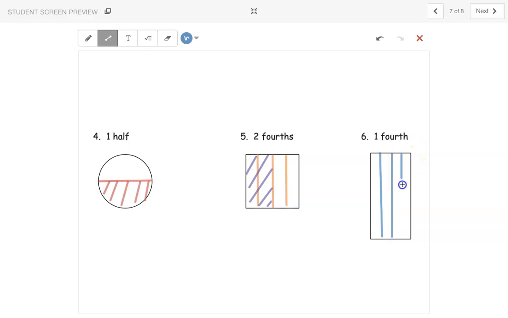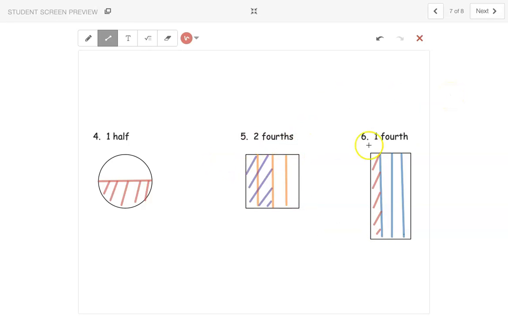Okay, into fourths. 2, 3, 4. Okay. And it just wants me to shade in 1/4, right? So that's just this one section here. There you go.